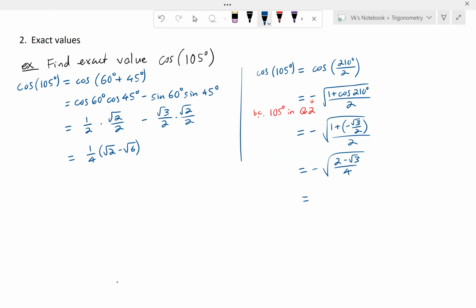And it is the same as negative 1/2 root 2 minus root 3. The two answers, they don't look the same. However, if we convert them to a decimal, this one is negative 0.2588, and this one is exactly the same, negative 0.2588. Oh, very cool.